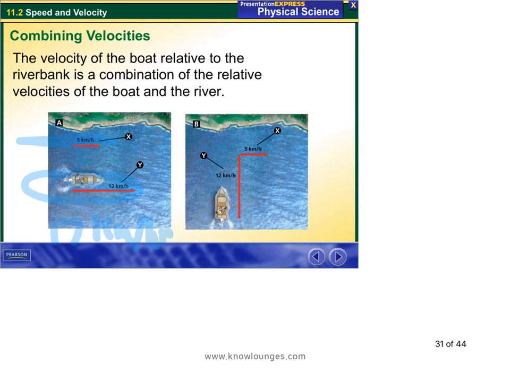Now, if the boat was trying to go across the river, we have to use a resultant vector. And there we see the 17 kilometers per hour. Here we see that resultant vector where we form a little triangle, and that resultant vector ends up being 13 kilometers per hour at that angle. It shows the direction.